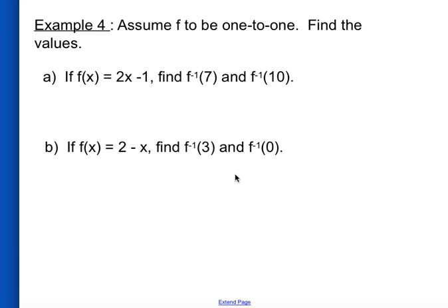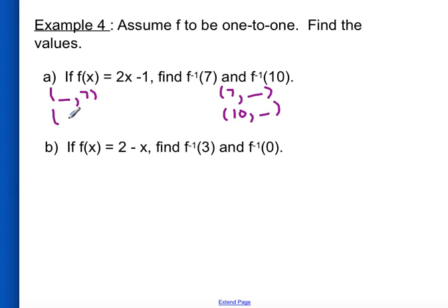So now sometimes they also give us a function here, so they don't give us the entire ordered pair, but we can find the ordered pairs. But let's think through what this is actually asking us. So this one over here, the inverse, they gave us 7, and we're supposed to find the y value to go with it. They gave us 10, and we're supposed to find the y value to go with it, which means in the original function, we don't know what the x value is, but we know the y value is 7.